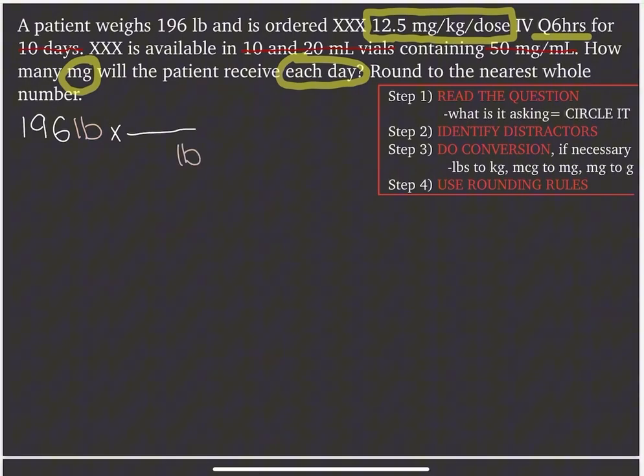There's 2.2 pounds in every kilogram. Make sure your units line up and they cancel each other out. Your desired unit should always be on top, whatever you're left with. So it's 196 times 1 divided by 2.2.